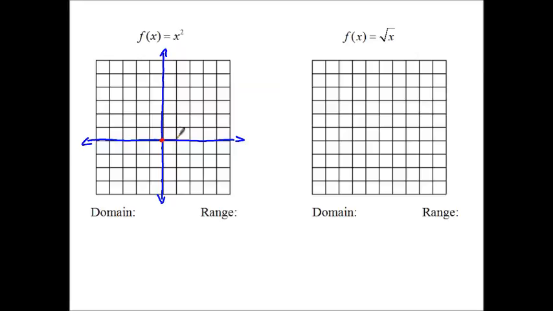And then we go over 1 to the right, 1 up, 2 to the right, 4 up, and more is usually not possible on a coordinate plane anyway. And we go 1 to the left, 1 up, 2 to the left, also 4 up, and that will yield us our nice parabolic shape.